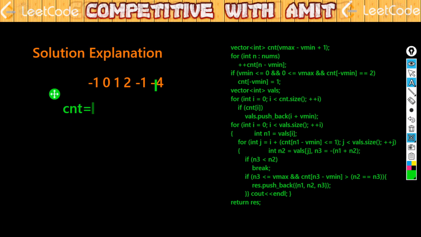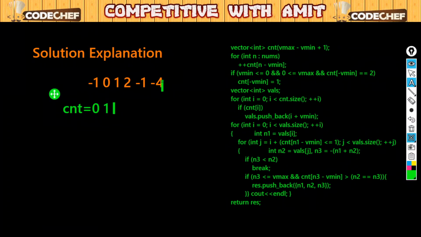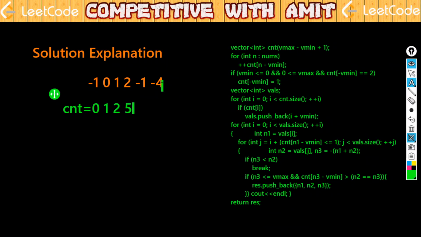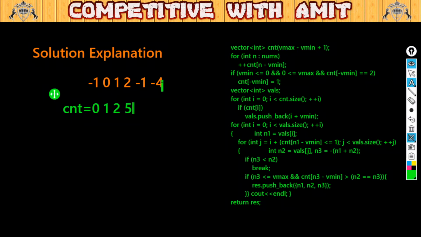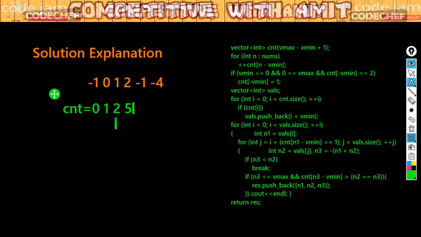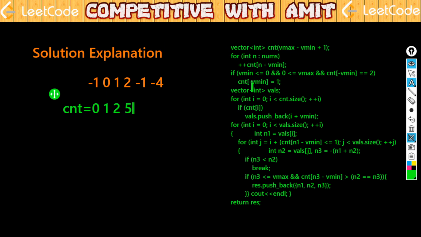Suppose the value -4 will be treated as 0, -3 will be treated as 1, -2 will be treated as 2, and like this 1 will be treated as 5. So we are converting these minus values into plus indexes, such that our values do not mix up and we do not have negative indexes in the array. That's why we have converted the minus indexes into plus indexes with the help of this minus min.